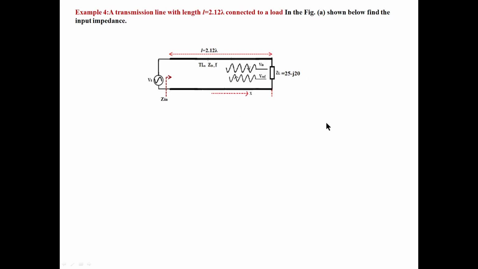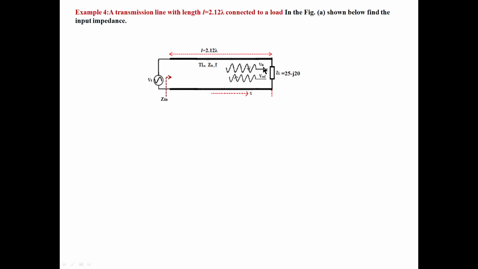This is another problem here. A transmission line with a length of 2.12 lambda is connected to a load, as shown in figure A below. Find the input impedance. What is the length of the line? 2.12 lambda.